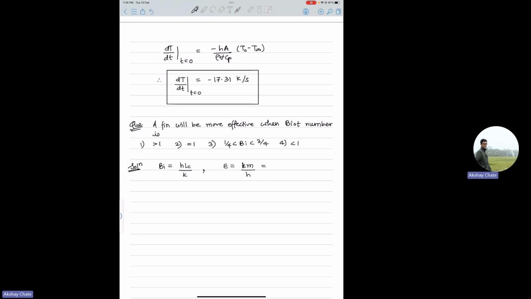Typically you assume a long fin, and the tanh mL terms go away. Then you put m as the square root of hp by kA, and if you simplify, you get something like the square root of kp by hA. This formula I'm directly borrowing from the previous class.